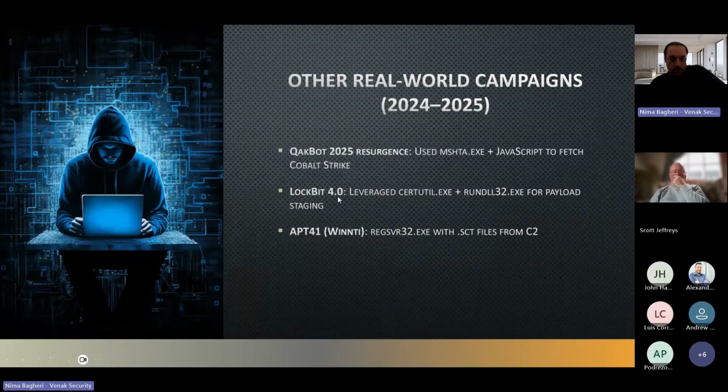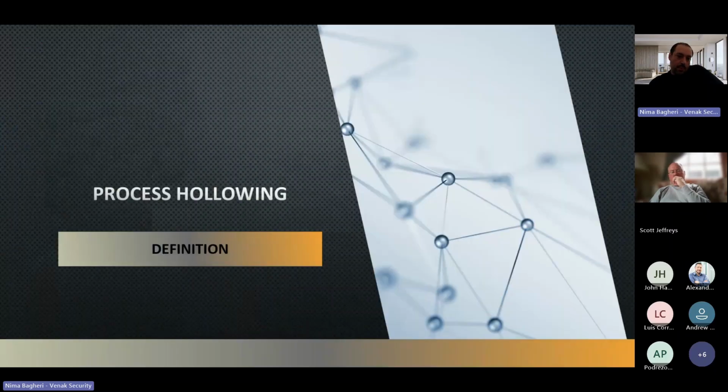Lockbit 4.0, I'm sure a lot of you have heard about this group, used certutil.exe plus rundll32.exe for loading and payloading their signature. And APT41 also used regsvr32.exe with .sct files for their own C2, command and control. So they basically won't get caught.